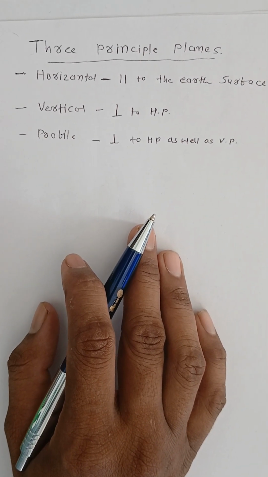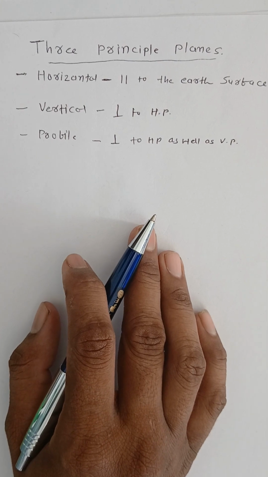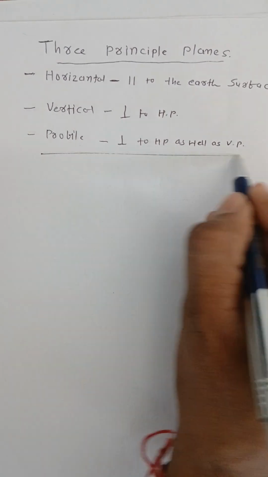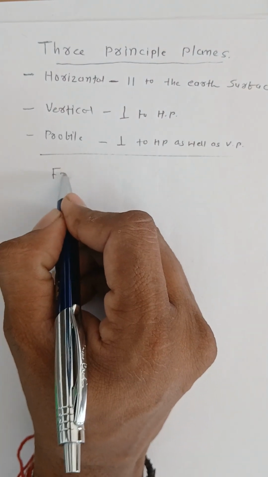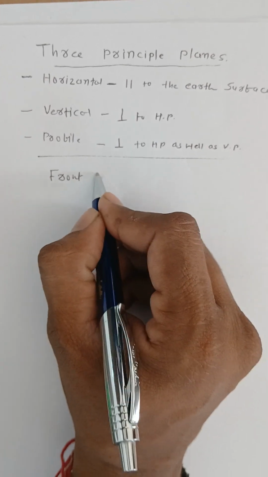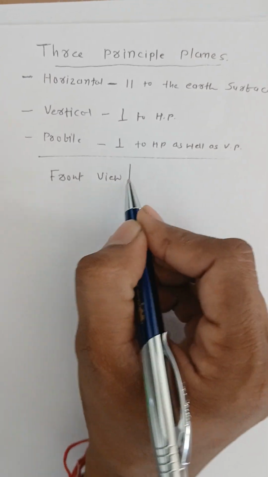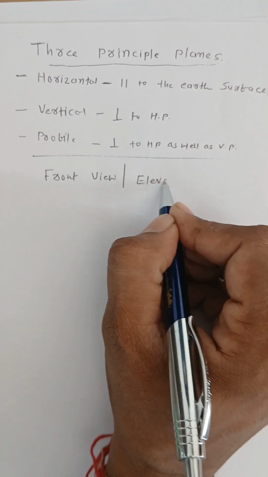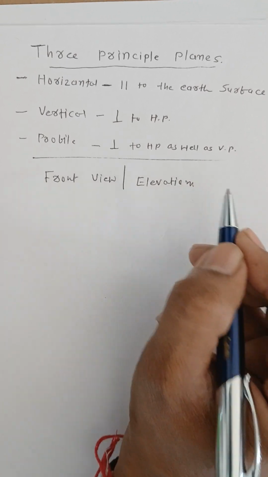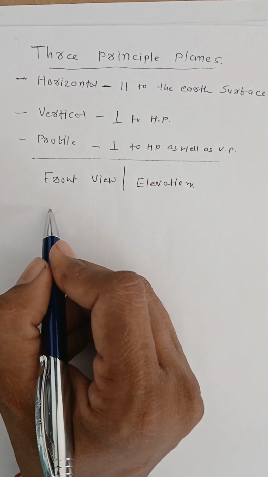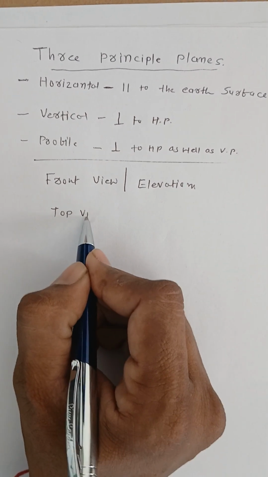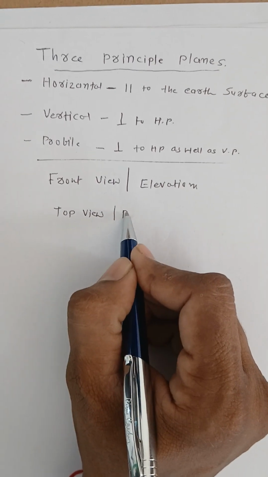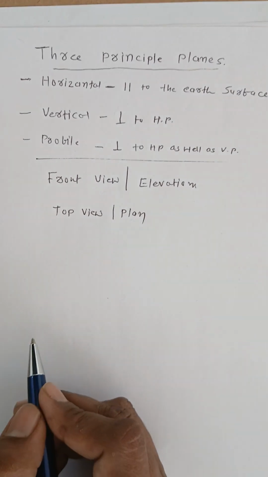to capture the image. Image means if you look at the object from the front, then it is known as front view or elevation. If you visualize the object from the top, then it will be known as top view, or another name of the top view is plan.